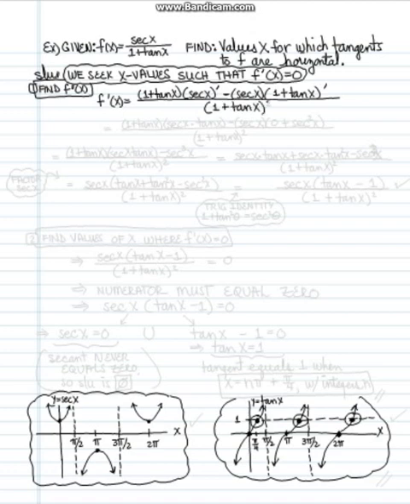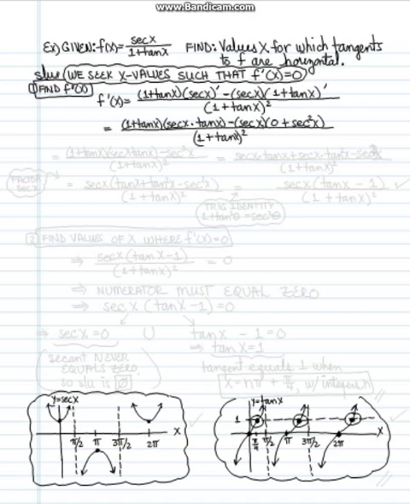Let's take those derivatives. It's equal to the bottom, 1 plus tan x, times the derivative of the top, secant x. The derivative of secant is secant times tangent, minus the top, secant x, times the derivative of the bottom, which is 0 plus secant squared x, over the bottom squared.